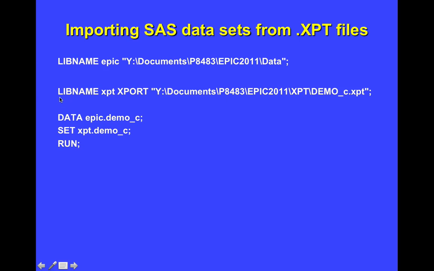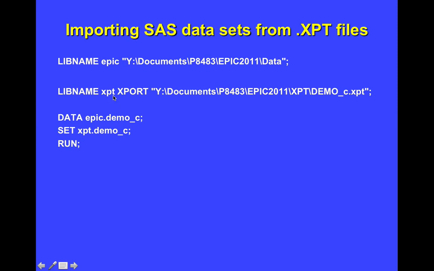The thing that's new is this second libname statement, where I'm creating a SAS data library that will point to the actual export file. So here I'm naming my SAS data library, or I'm providing a libref called XPT. This is user defined. I could have named it anything I wanted.